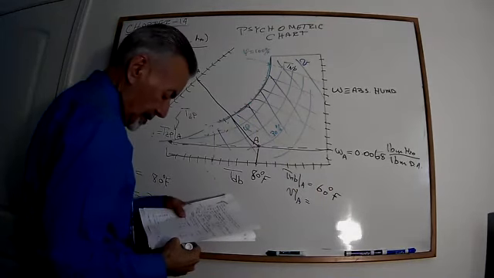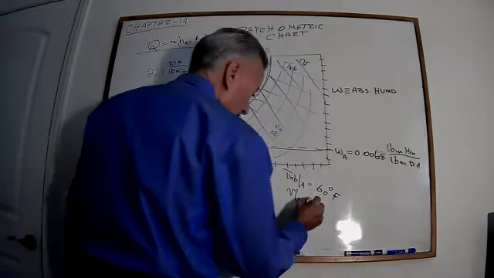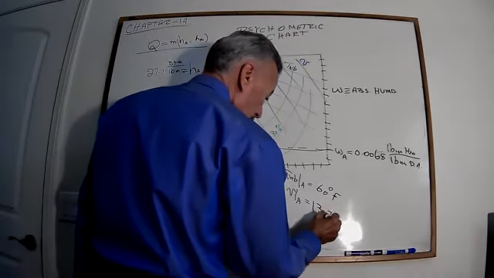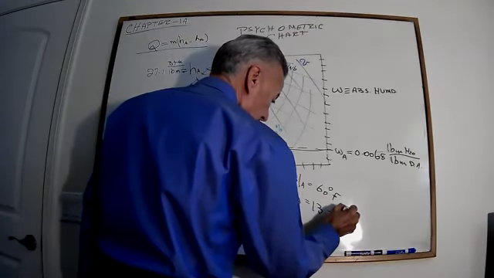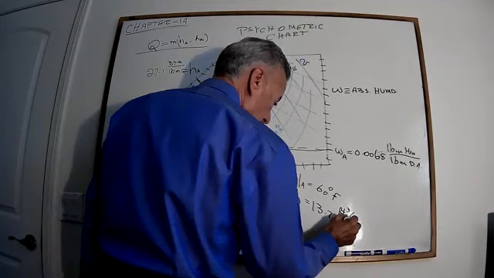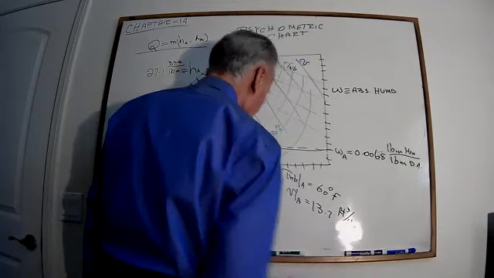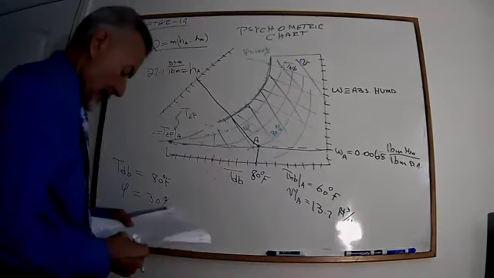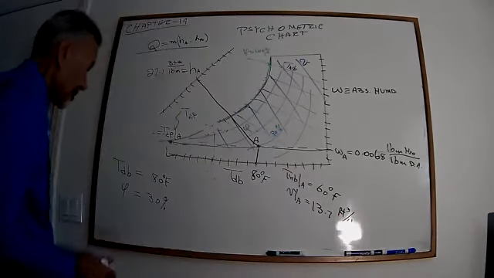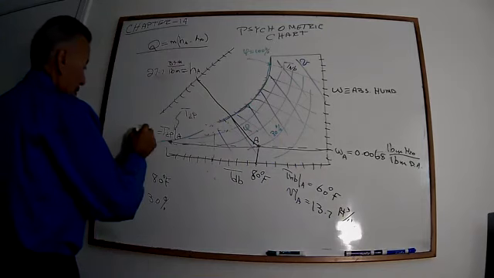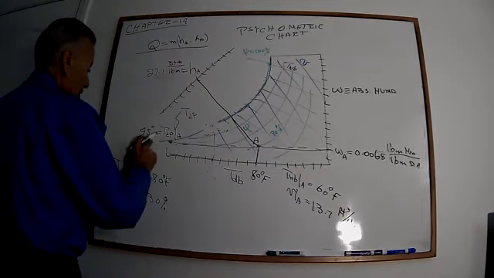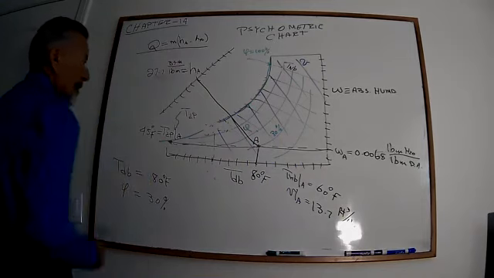My volume would be 13.7 cubic feet per pound mass. And my dew point temperature is 45 degrees Fahrenheit.